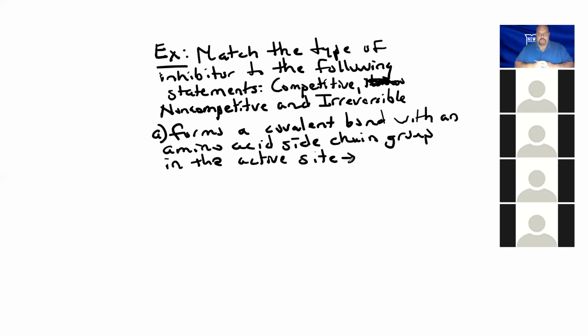This type of inhibition, when you have an inhibitor that's actually able to form a covalent bond, like a single bond, with a side chain group of an amino acid in the active site, this type of inhibition is irreversible.